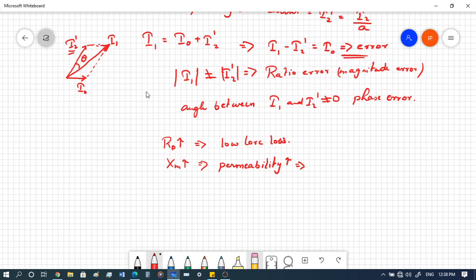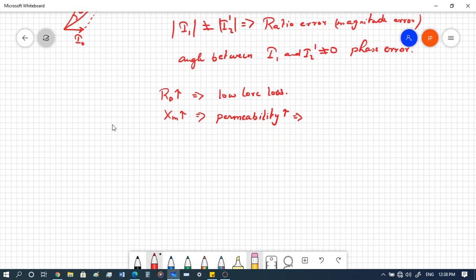Now the main way in which manufacturers compensate this error is that they use a technique called turn compensation.